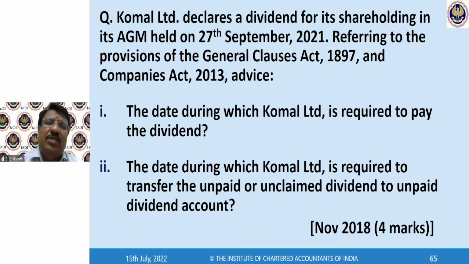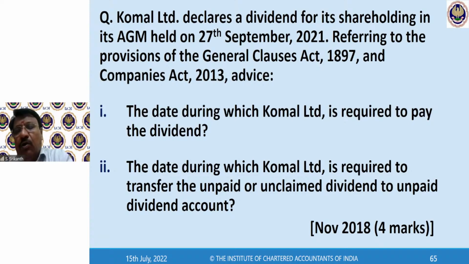This is the Institute's question, so kindly don't mistake me. The date on which COL Limited is required to pay the dividend, and the date on which COL Limited is required to transfer the unpaid or unclaimed dividend to the unpaid dividend account, within 7 days from the expiry of 30 days.